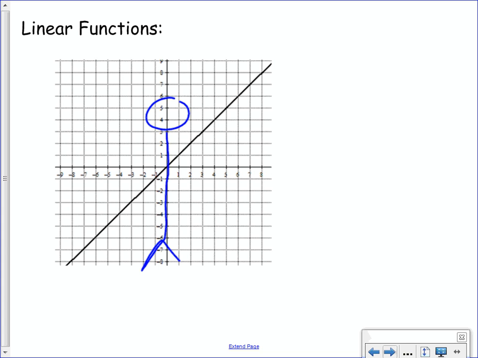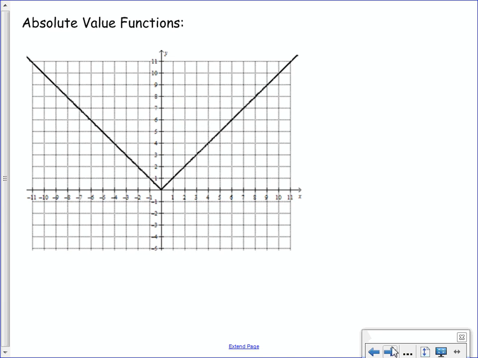There's your hands. Oh, that's a broken hand. Okay. Versus absolute value, that is a V. Sweet. So that's your yoke. Oh, well, there you go.